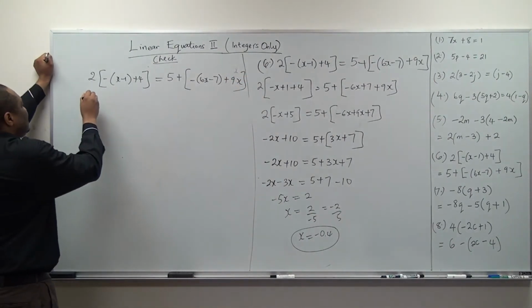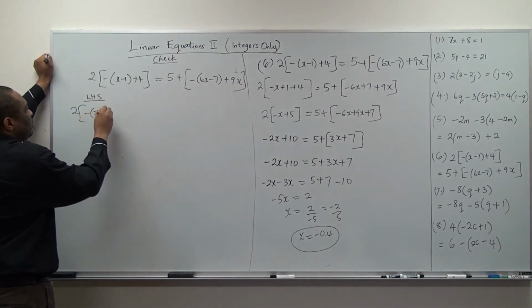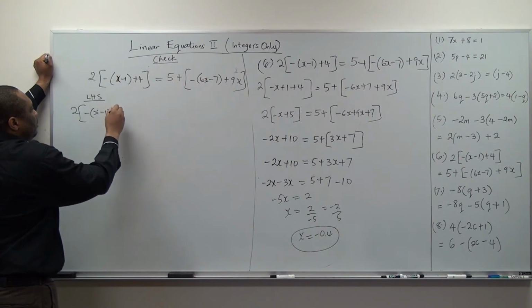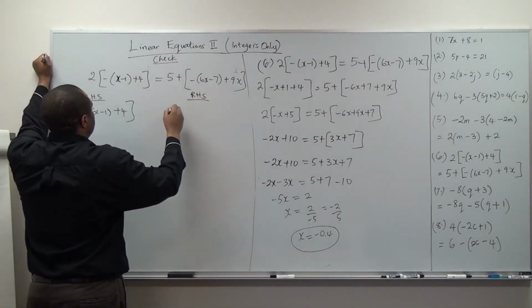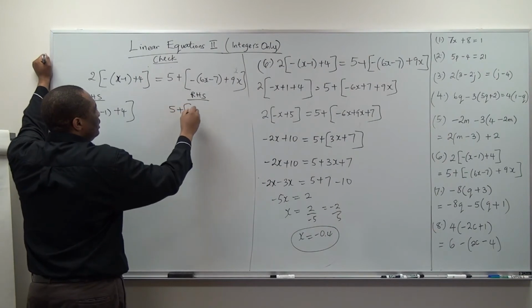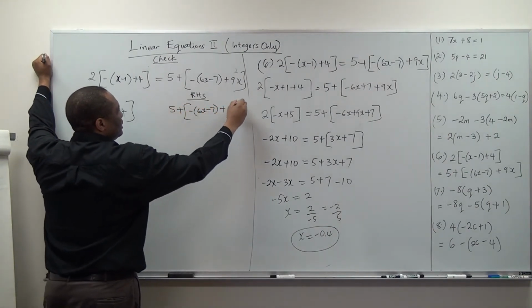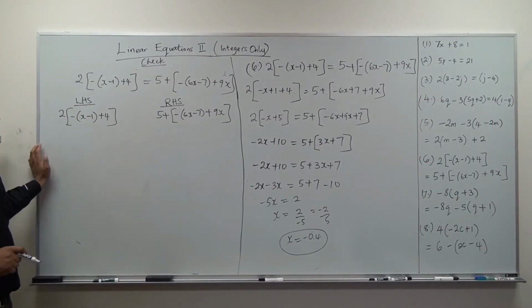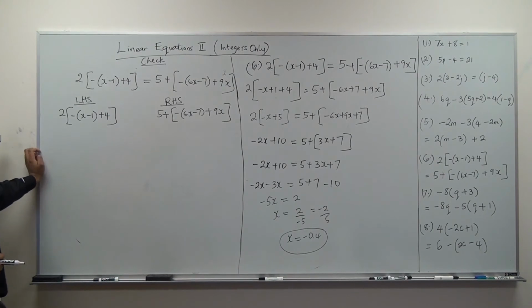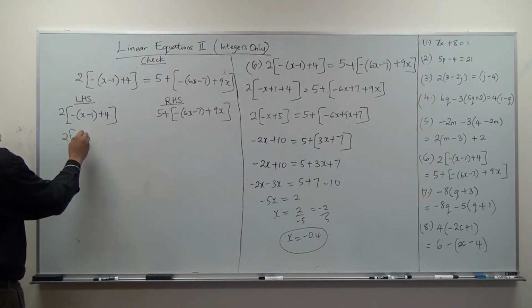Okay, our left hand side is 2 into negative x minus 1 plus 4. And then our right hand side is 5 plus negative 6x minus 7 plus 9x. So when you do the left hand side, the right hand side, and then our x is negative 0.4, all we need to do is to plug it in.